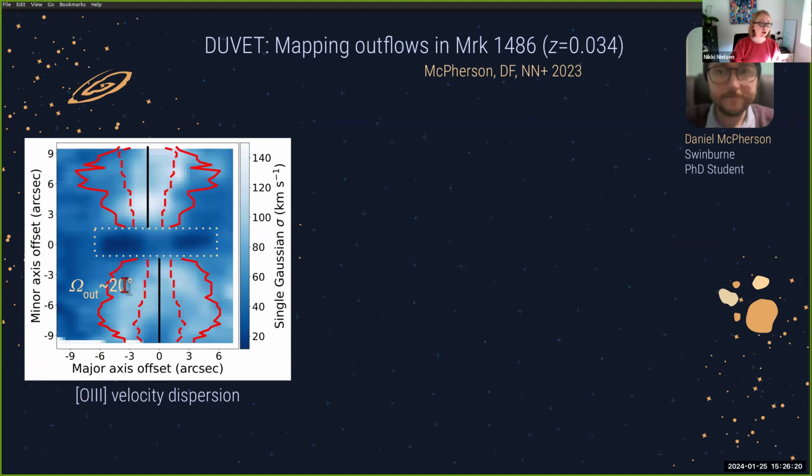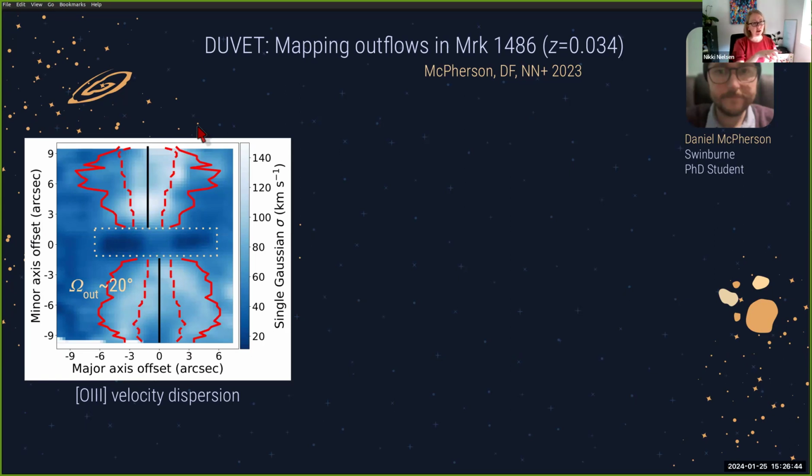But then along the minor axis, we see these higher velocity dispersion bubbles above and below the disk. And so Daniel identified the boundaries of these outflowing bubbles. He actually did it with just the surface brightness maps of O3, but you can also see it in the velocity dispersion where the emission lines are actually quite complicated.